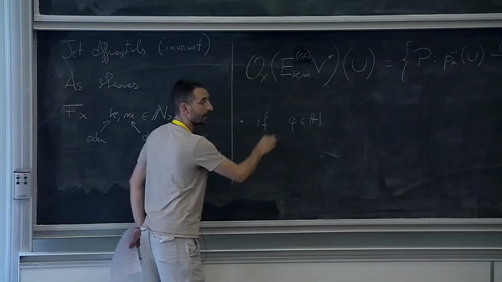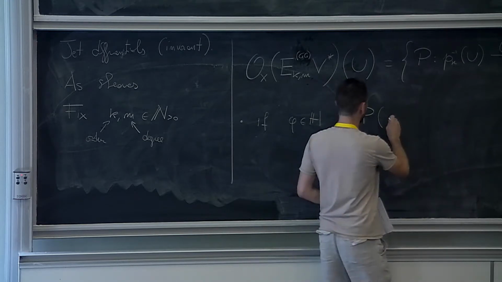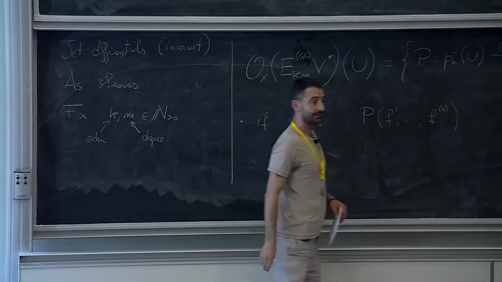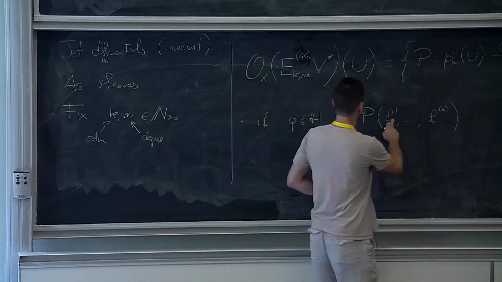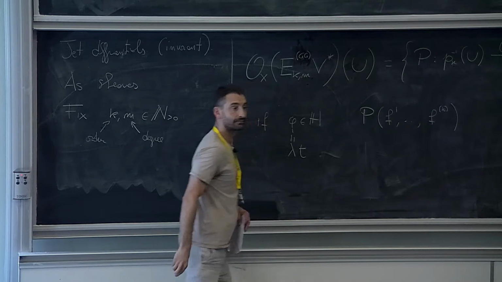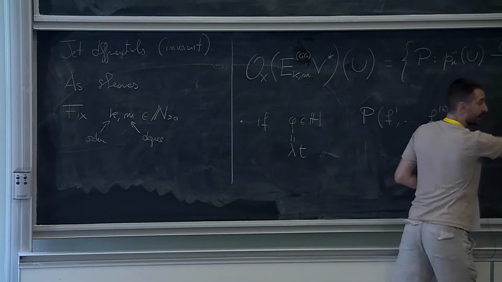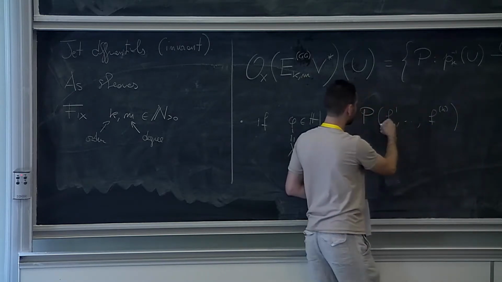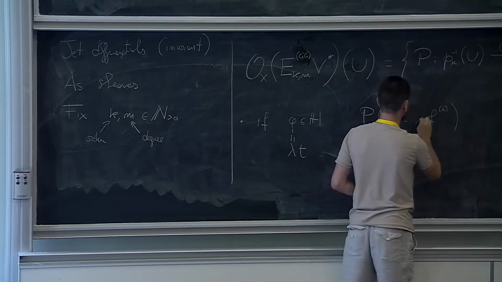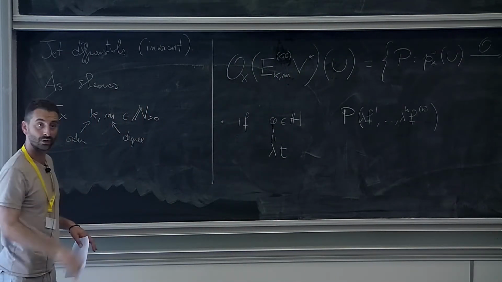You have this P that you can think of as some function on the derivatives up to order k. If you compose by phi, which will be something like lambda times t, some dilation, and you take derivatives, the action is that you put a lambda up to lambda to the power k. When you differentiate, you have some factor with some power which goes out.